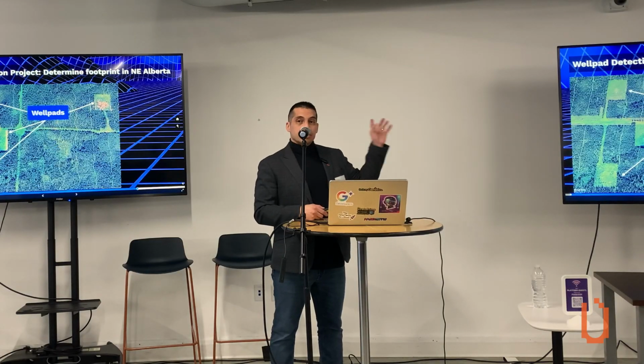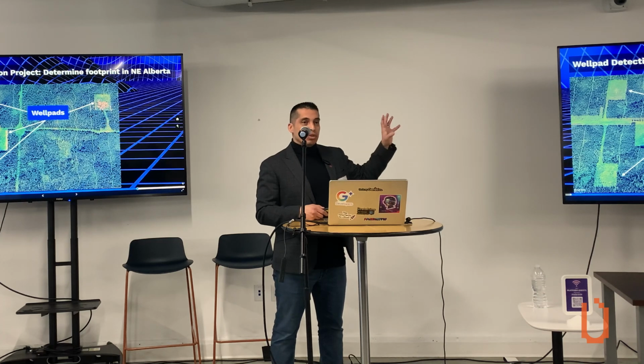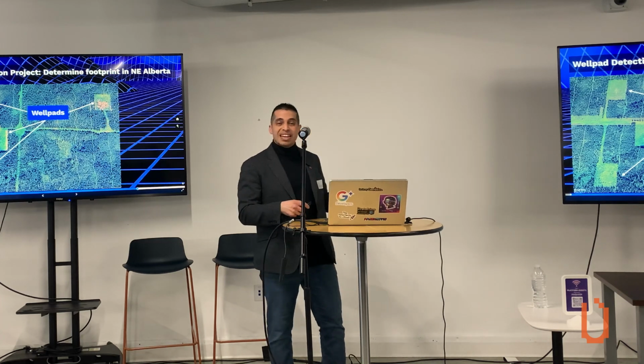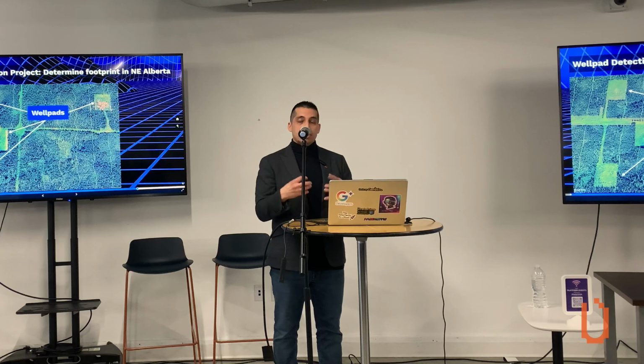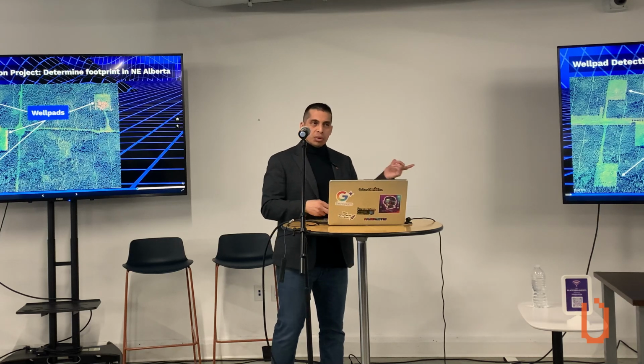So this was a project where I wanted to figure out a way to determine the true footprint of well pads, these things, for our part of northeastern Alberta, so that we could get an idea of how much space they actually take. In case you're wondering what a well pad is, for a single oil and gas well, you build a well pad for it.